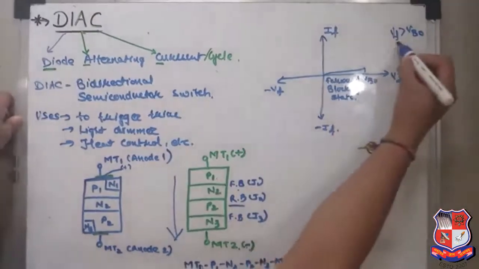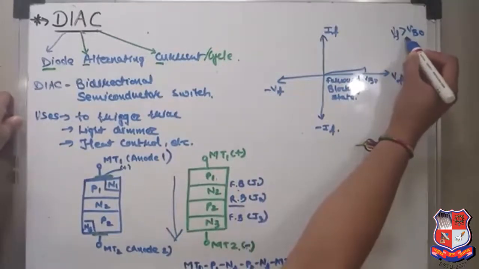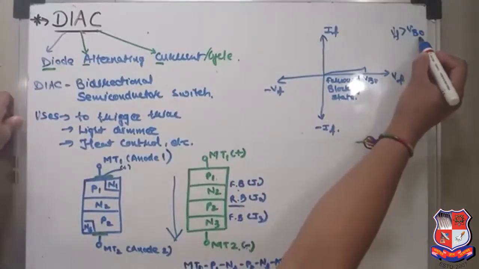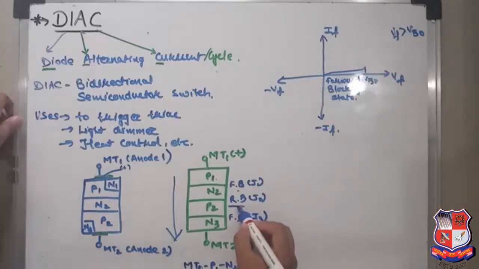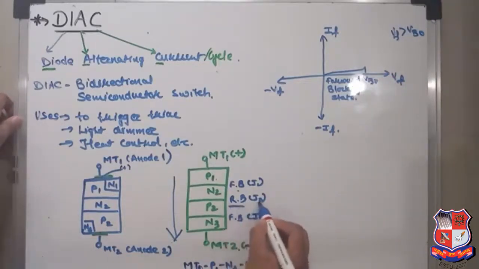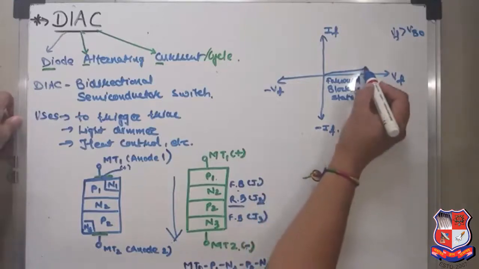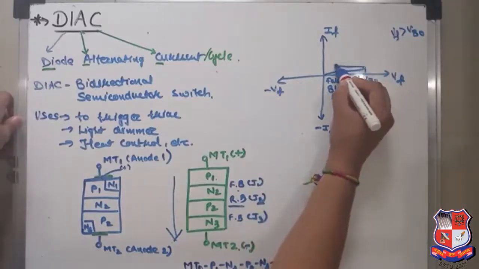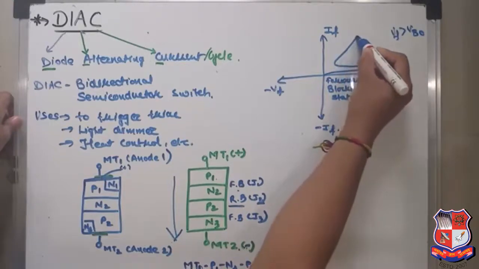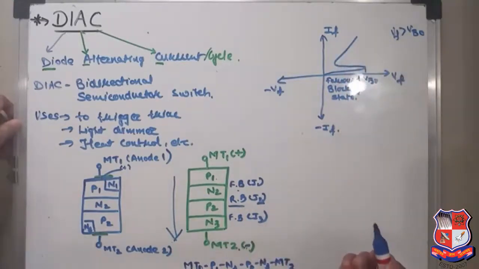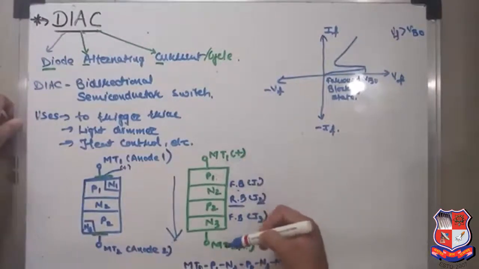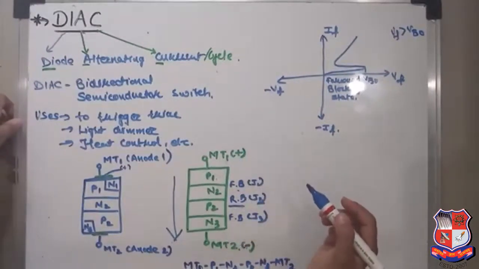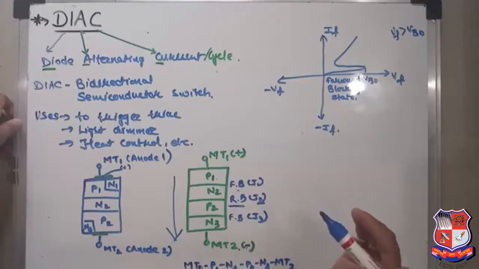Now when the applied forward voltage exceeds the breakover voltage, suddenly avalanche breakdown of the reverse biased junction J2 occurs. So suddenly the device turns on and current starts to flow from MT1 to MT2, and the voltage drops rapidly.